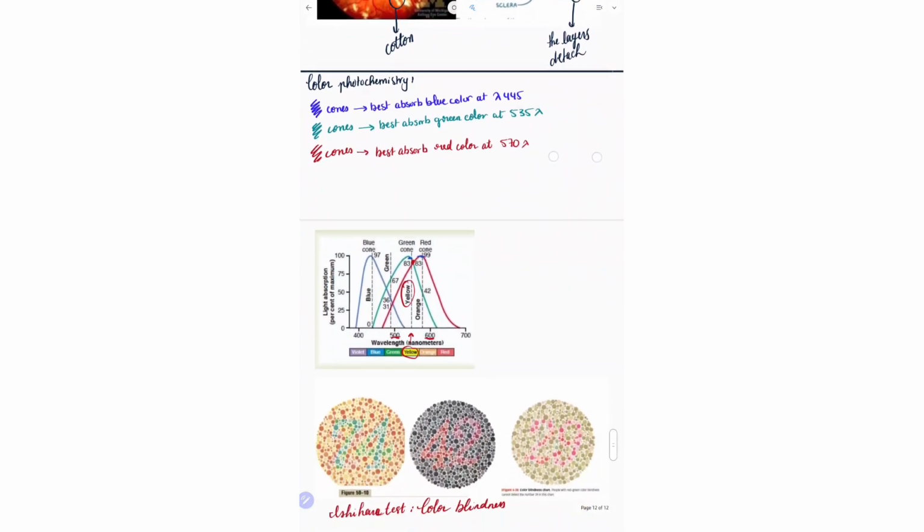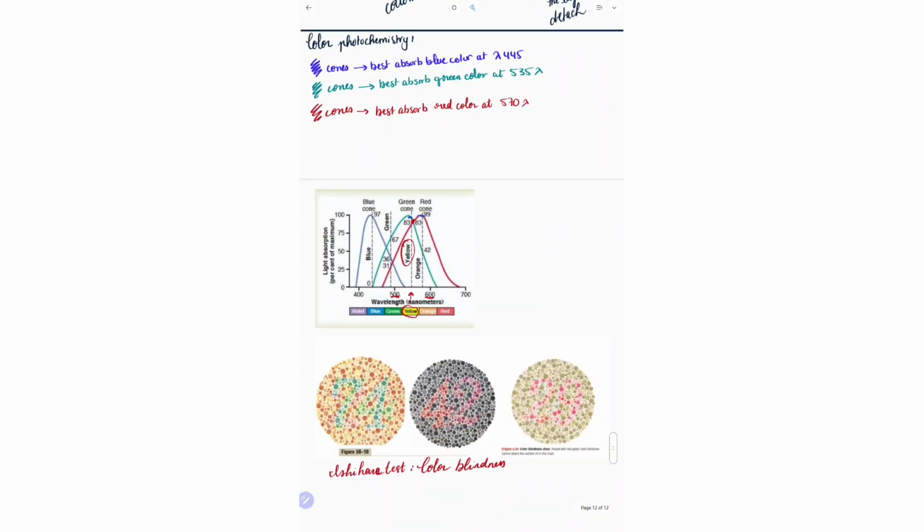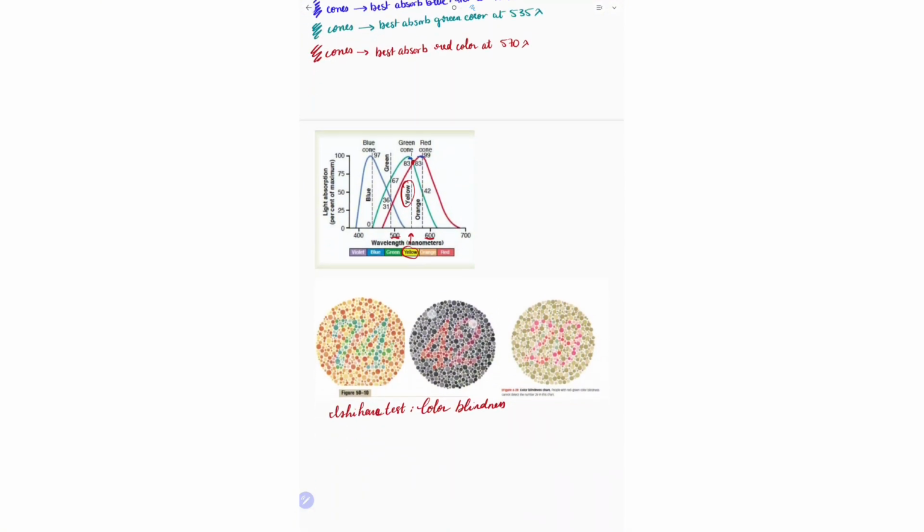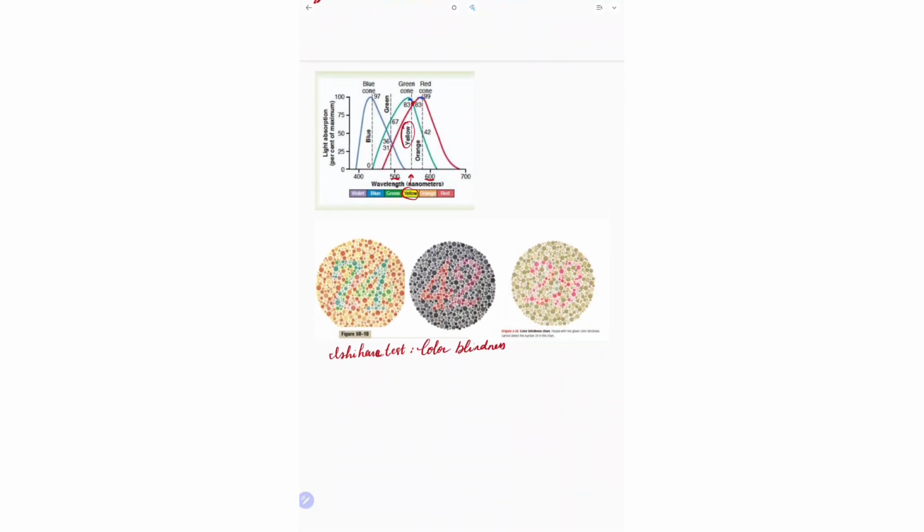Moving on to color photochemistry. So we have blue cones. They best absorb blue color at this wavelength. Green cones at 535. Red cones at 570. Now, if you look at this figure, and you're like, okay, so we have red, blue, and green cones. What if I want to look at yellow colors?